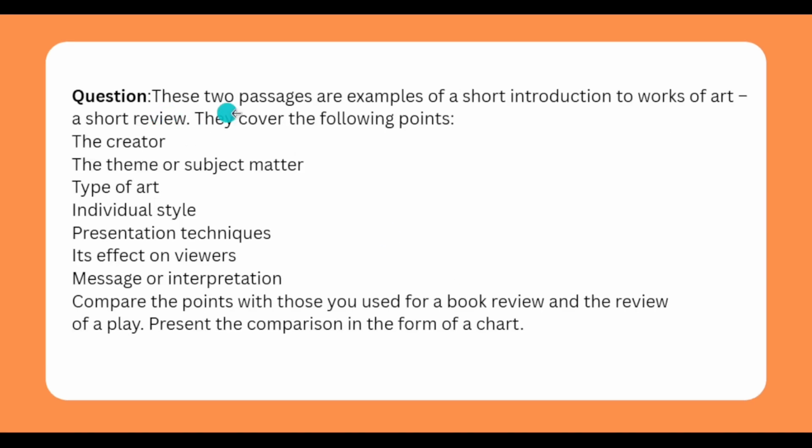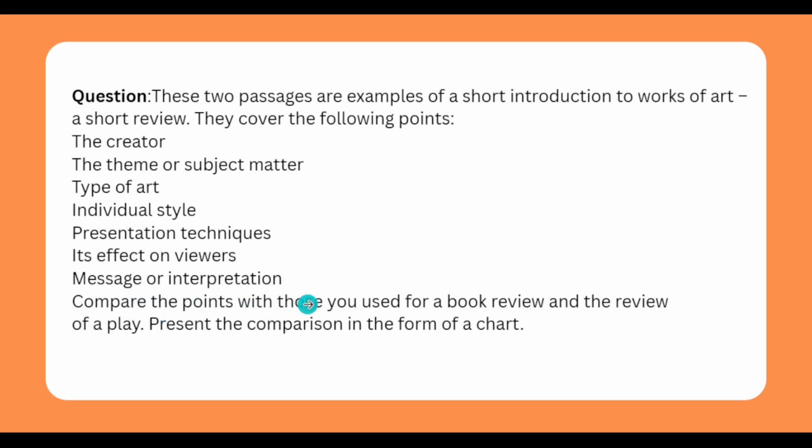Question: these two passages are examples of a short introduction to works of art, a short review. They cover the following points: the creator, the theme or subject matter, type of art, individual style, presentation techniques, effect on viewers, message or interpretation.